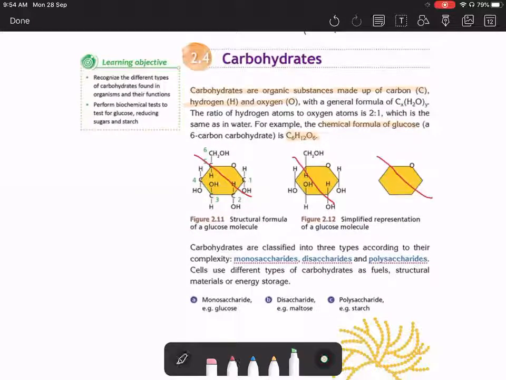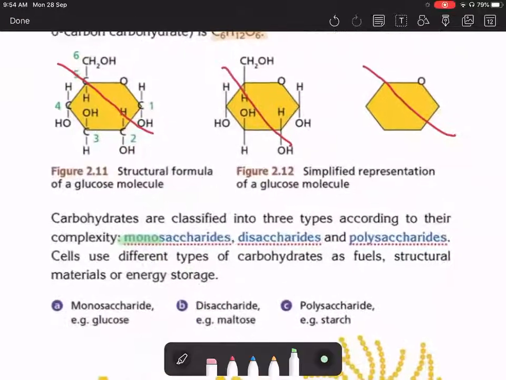And then now, let's go to the types. Here, mono means one. Saccharide means sugar. Now I can separate the word in this way. Mono means one. Saccharide means sugar. There is one sugar. We call them monosaccharide.